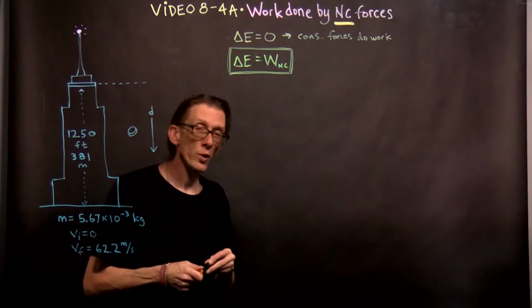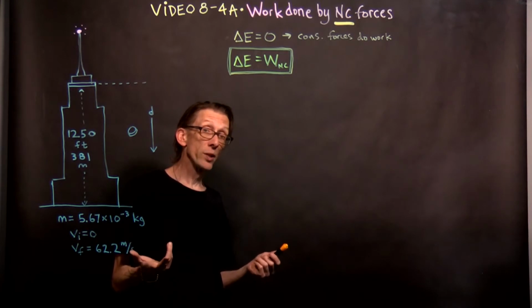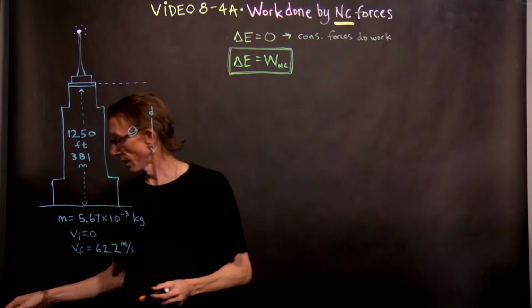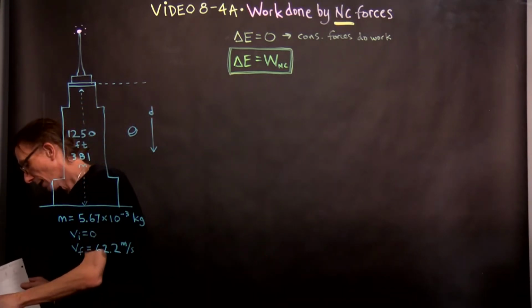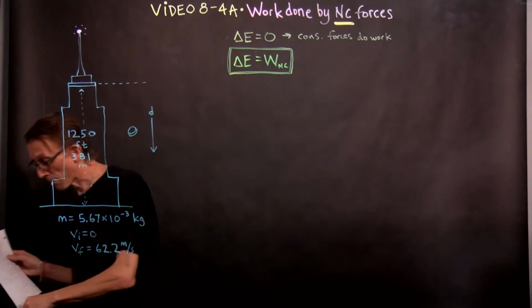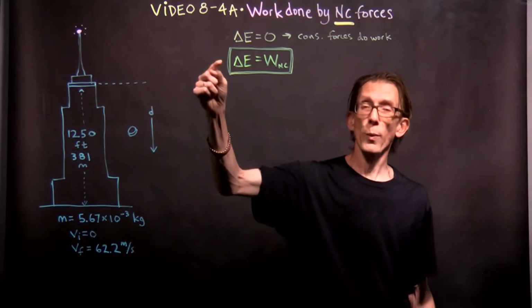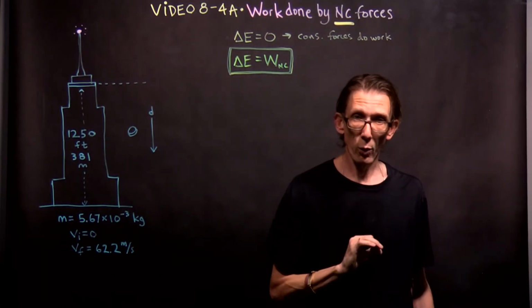And it covers those cases when the work done by non-conservative forces is 0, all of the cases we've already done: the case of the water slide, the case of the perpetual motion machine, the case of the home run. Those can all be worked by this formula in the box. It's just that the right-hand side is equal to 0. There's no non-conservative work being done.